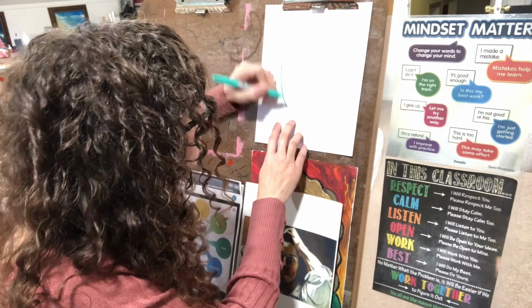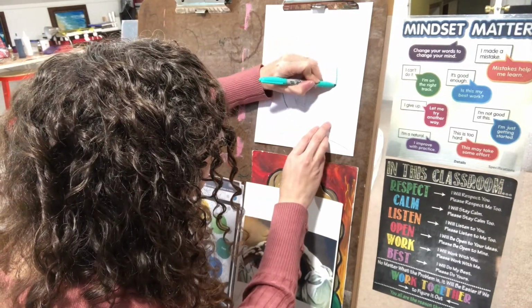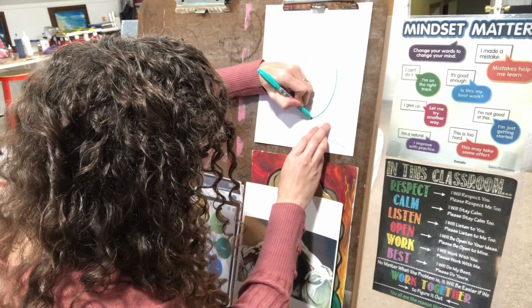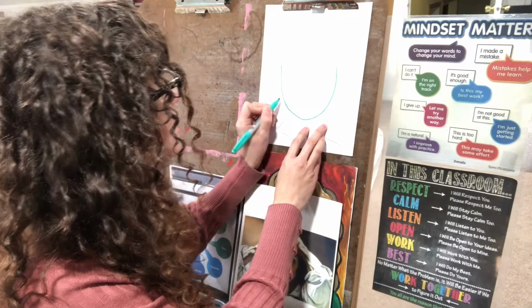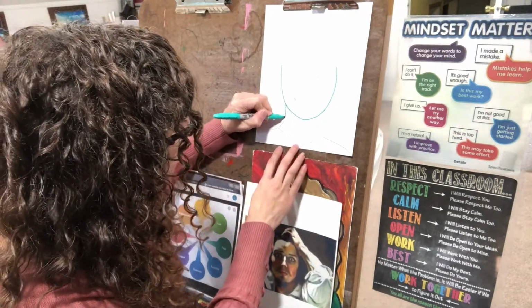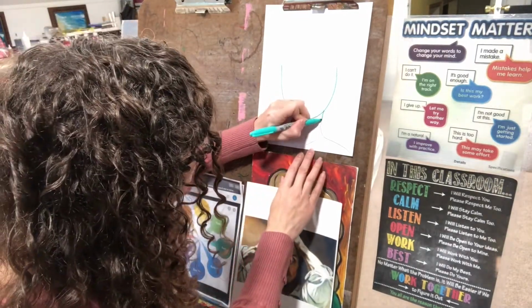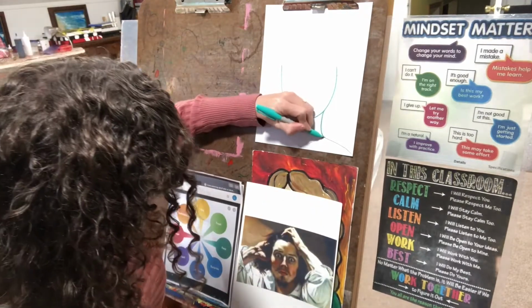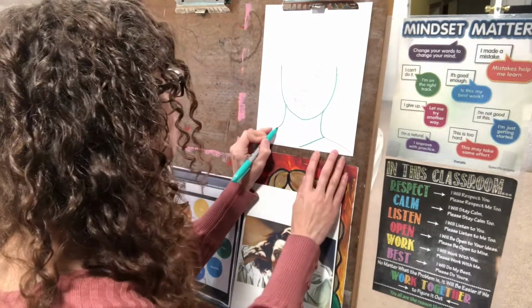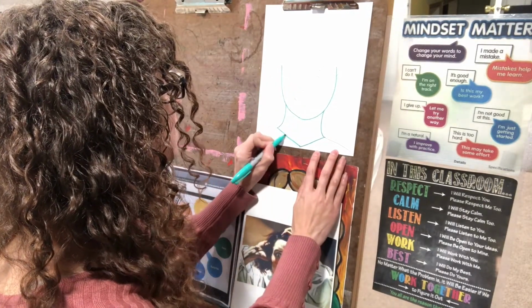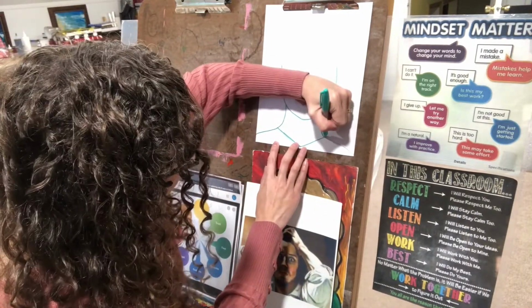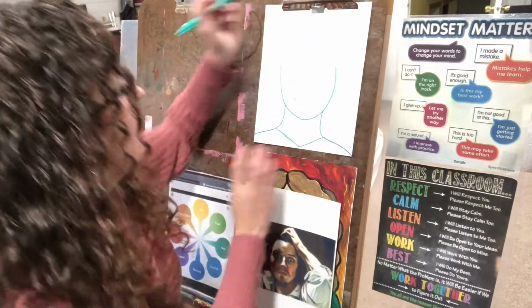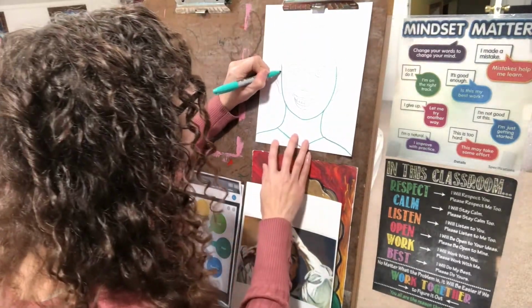So I am going to trace the contour or the outline of this person's face. I'm going to trace the neck, the curved lines in the neck. I'm going to trace the whole shirt and lines for the shoulders. Okay? And I'm going to trace the ears.